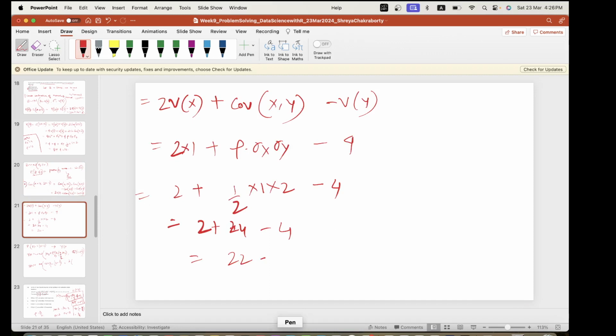So then what do we have? Here this covariance term would be something negative. 2 plus 1 minus 4, this would be minus 1.